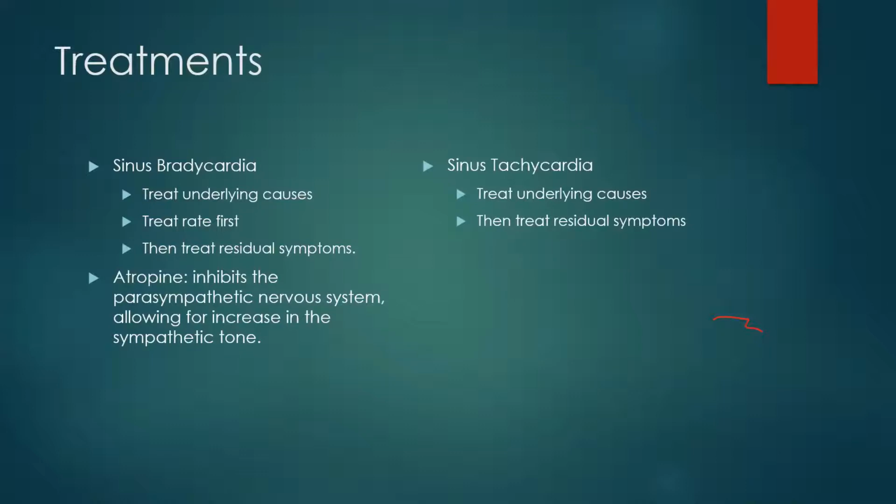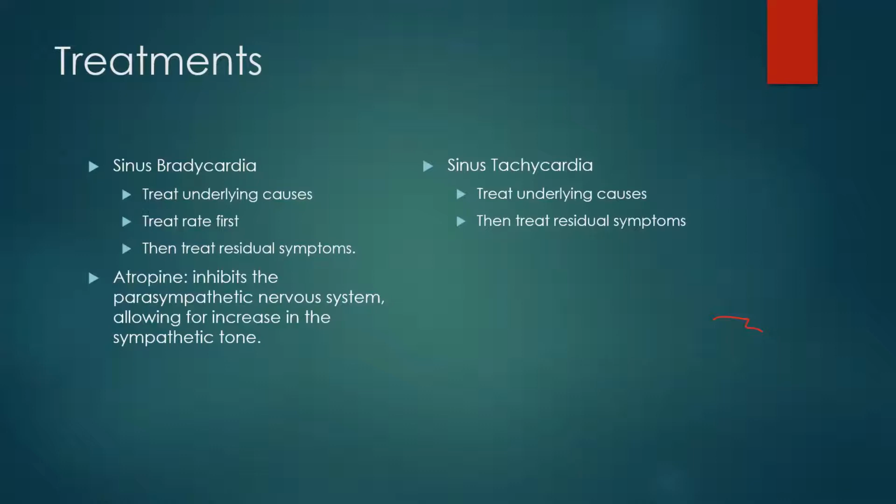So atropine. Atropine's our go-to drug for bradycardia. What does it do? Very simply put, it's going to inhibit the parasympathetic nervous system. So it's basically going to block that vagal response.